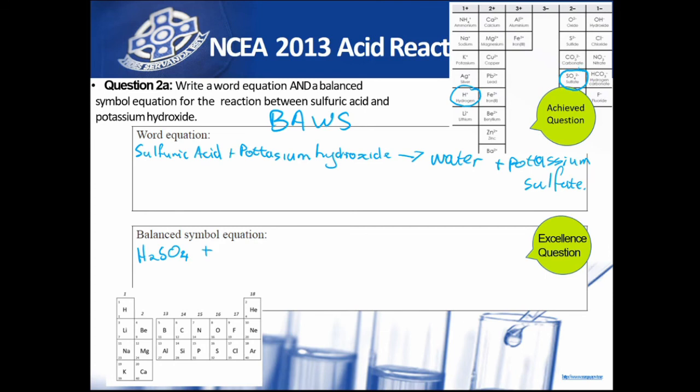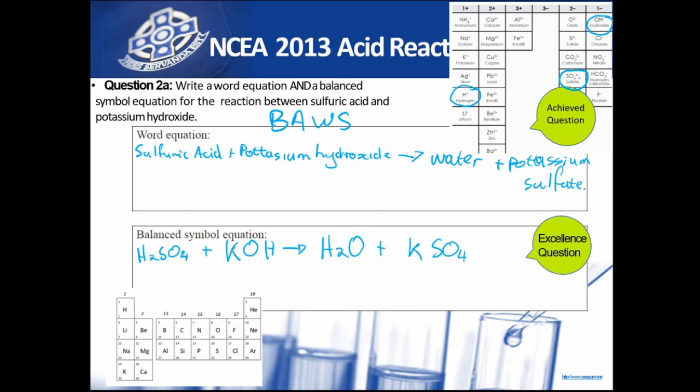Potassium we know is K, a 1 plus, and hydroxide is OH minus, so it's a 1-to-1 relationship. That gives us water and potassium sulfate: H2O plus K and SO4.